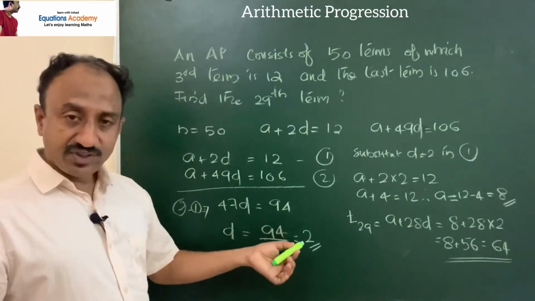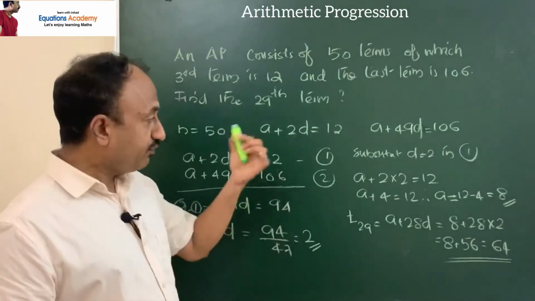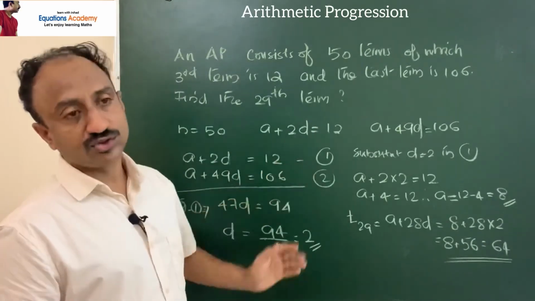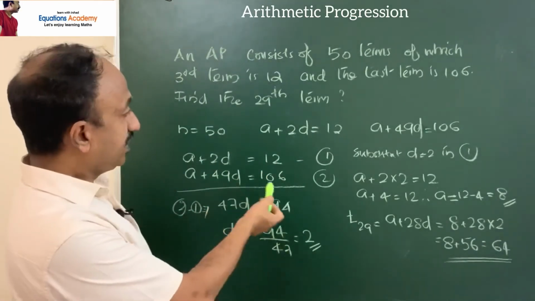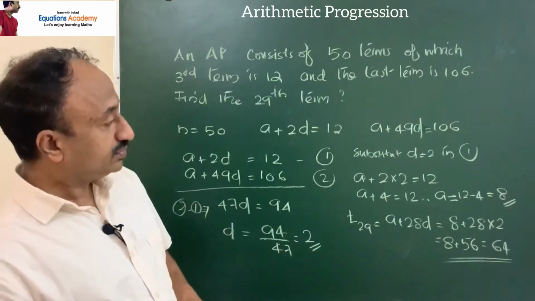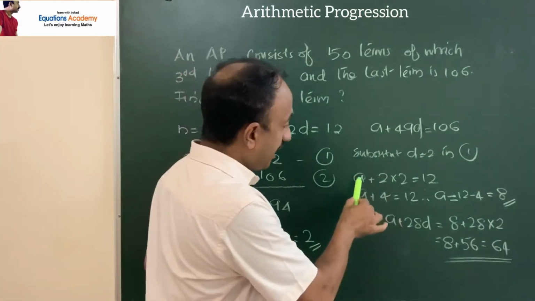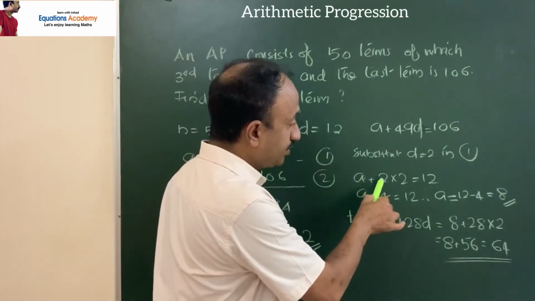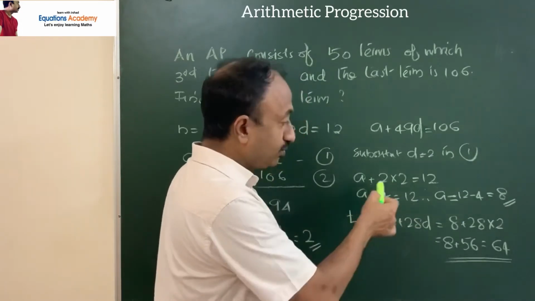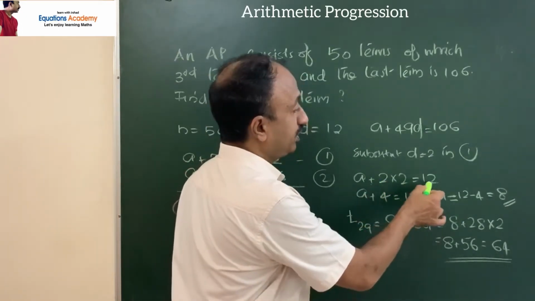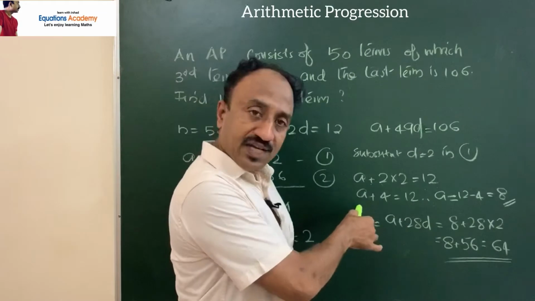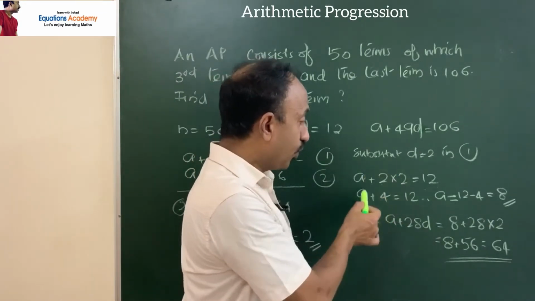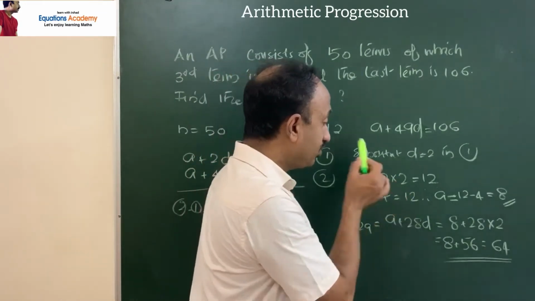Now, substitute the value of 2 in any of the equations, either 1 or 2. So, we will substitute it in a plus 2d equal to 12. So, a plus 2 into 2 equal to 12. a plus 4 is equal to 12.